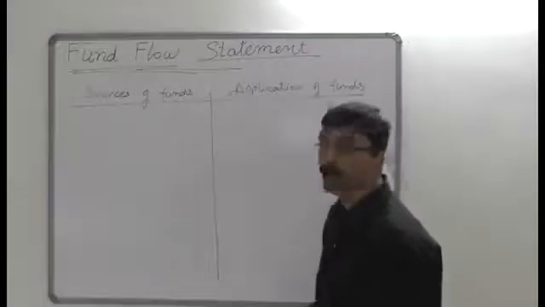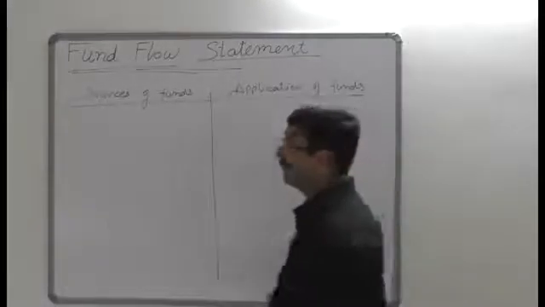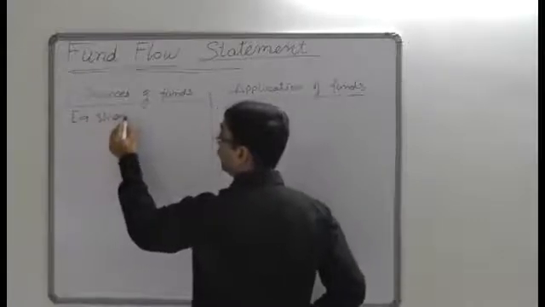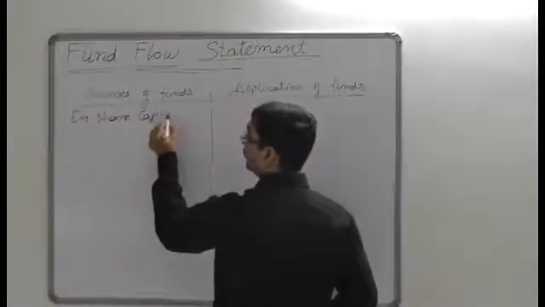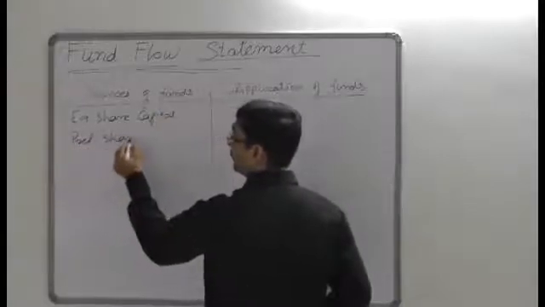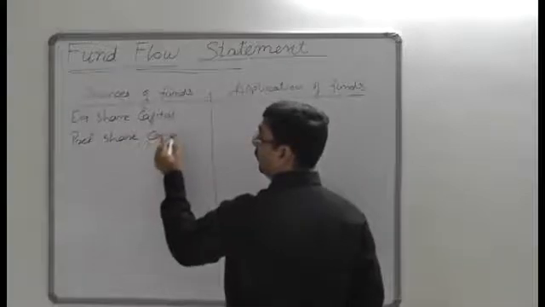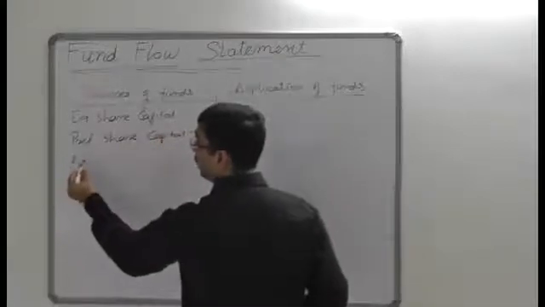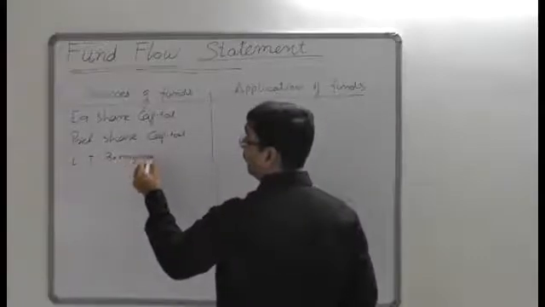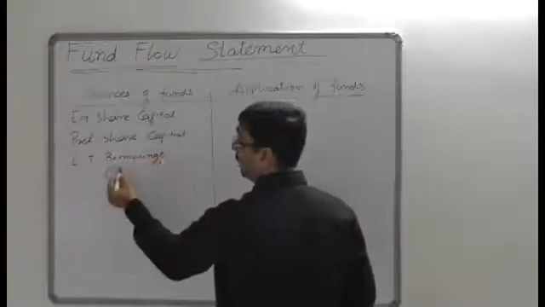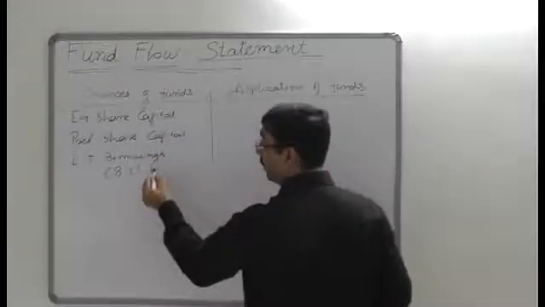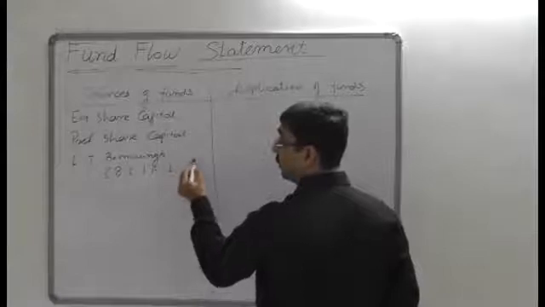Under the sources of funds, if the company issued equity share capital, then preference share capital. If the company takes any long-term borrowings, like a bank loan or financial institution loan.